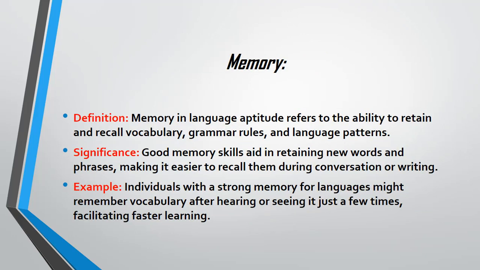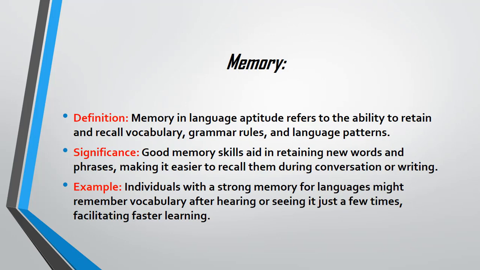Let's move on to see the part of memory. Memory in language aptitude refers to the ability to retain and recall vocab, grammar rules, and language patterns. So, good memory skills aid in retaining new words and phrases, making it easier to recall them during conversation or writing.